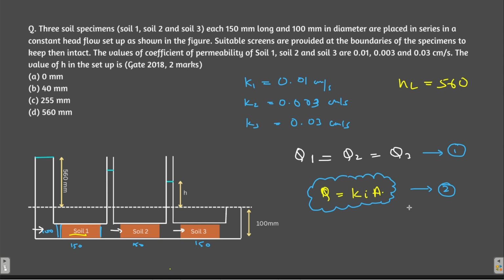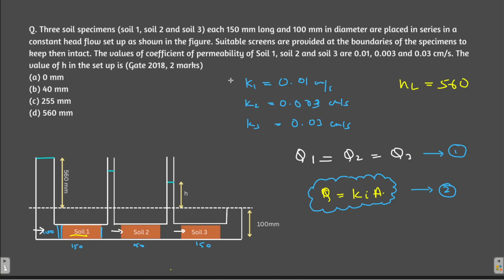From 1 and 2, can I write it as K1 I1 A1 is equal to K2 I2 A2, where I2 is the hydraulic gradient, is equal to K3 I3 A3.